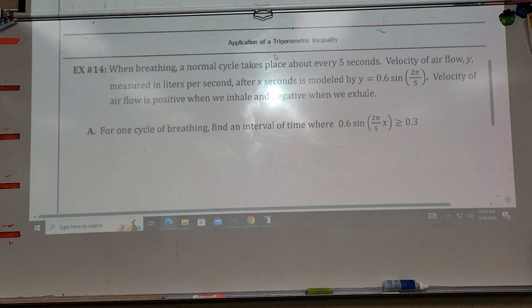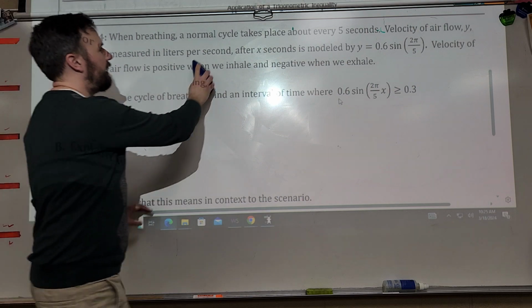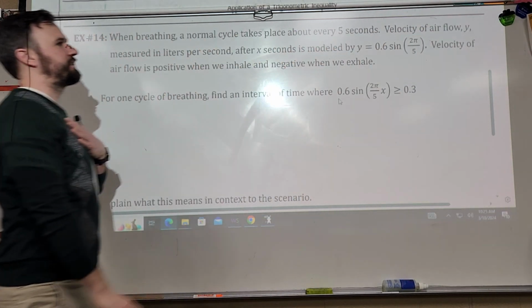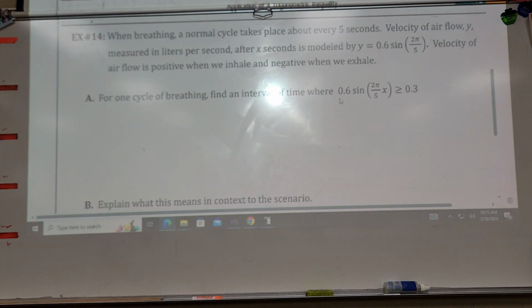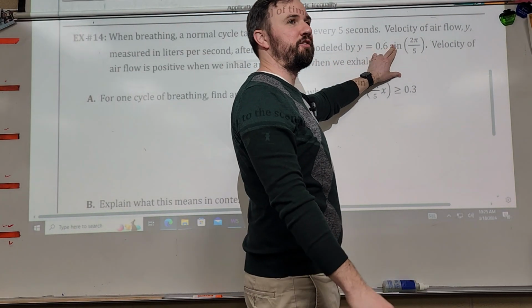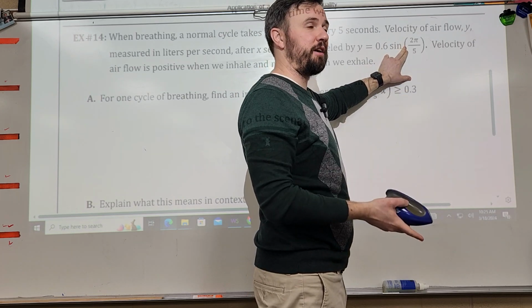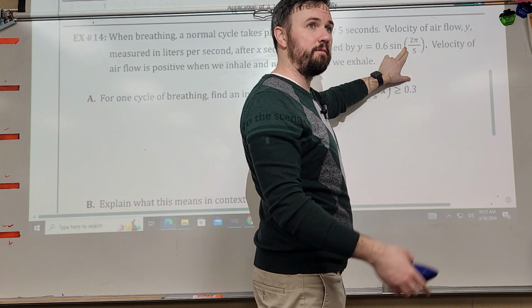All right. When breathing, a normal cycle takes place every 5 seconds. Velocity of the airflow is measured after x seconds is multiplied by this, right? Because it would be negative velocity, positive velocity, velocity direction measures. Does that make sense? Air in, air out.